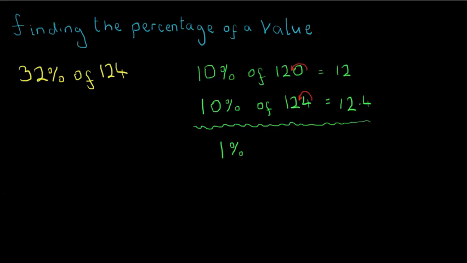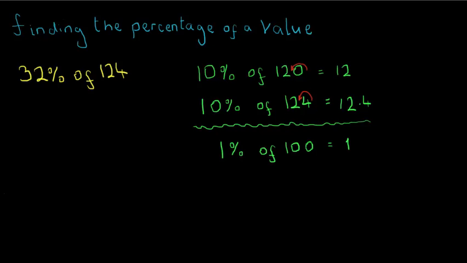Now we can move to 1%. The 1% rule, well, 1% means divide by 100, and we're going to have a similar line of thinking. Think of 1% of 100. That number ends in 2 zeros, and divided by 100 is the same as taking 2 zeros off, which is just equal to 1.